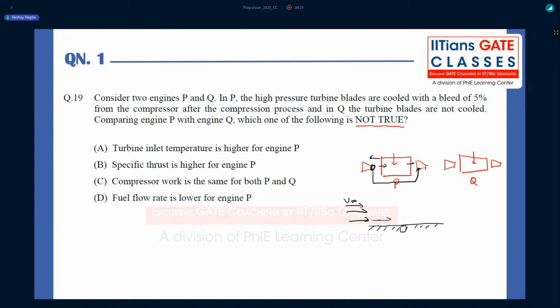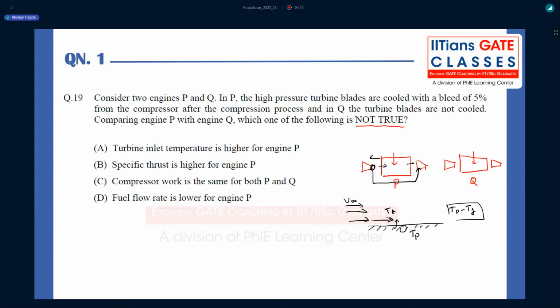When I blow air or some fluid, the flow will naturally take some heat from the plate. There will be a heat transfer depending on the temperature of the plate and the temperature of the fluid, TP minus TF. Because of that, there will be a natural heat transfer.